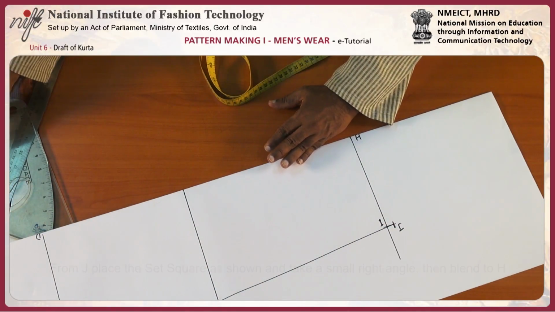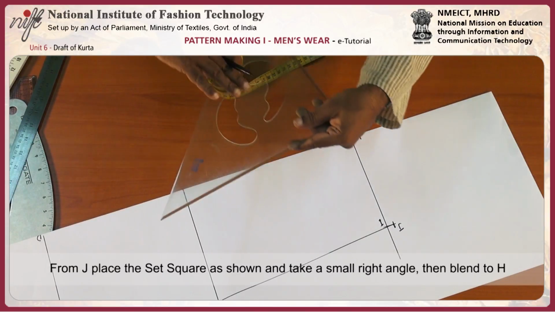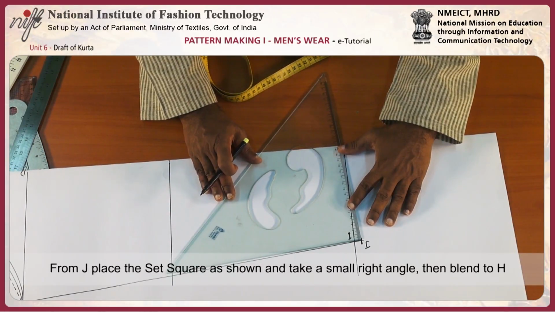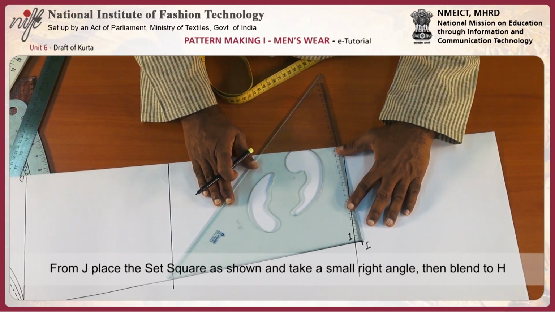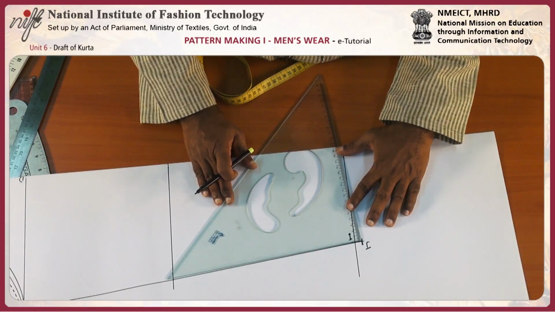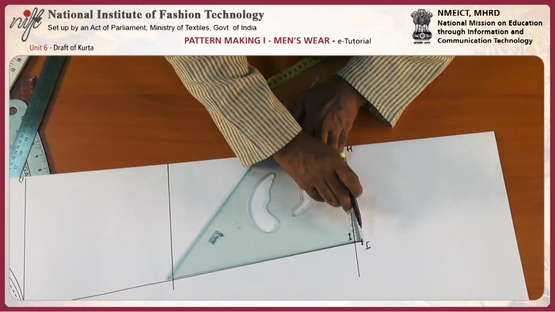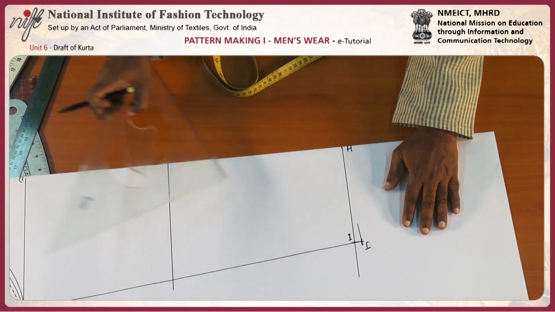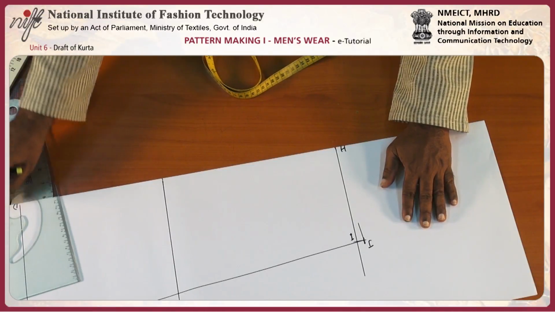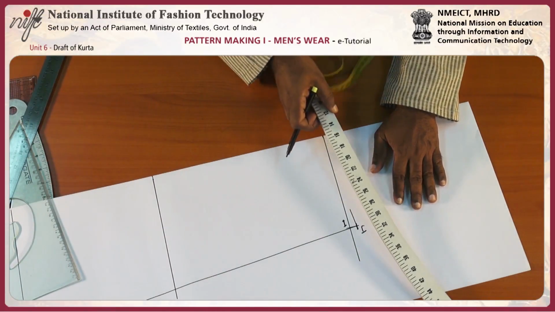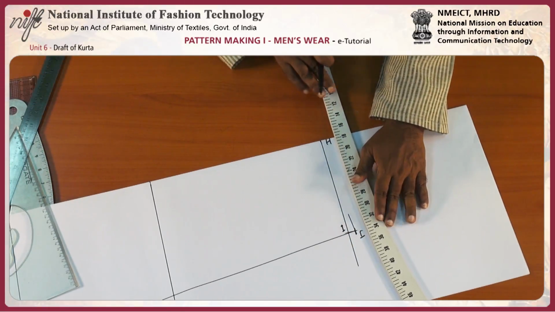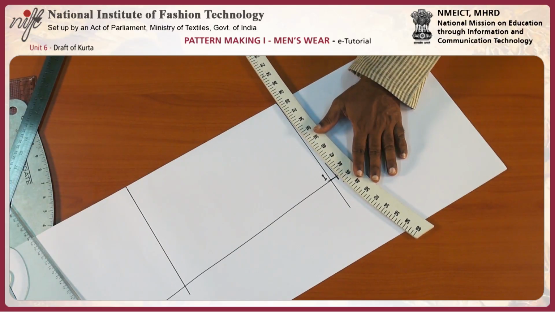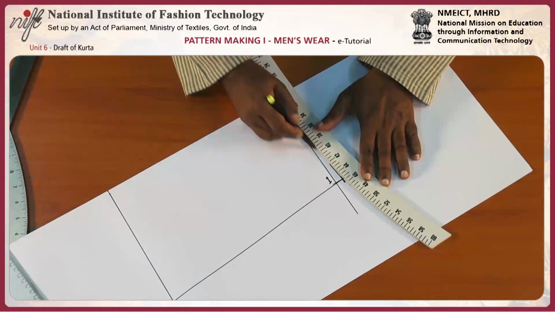Now from point J, place the set square as shown in the diagram and take a small right angle, then with the help of hip curve or French curve blend to the point H as shown in the demo.